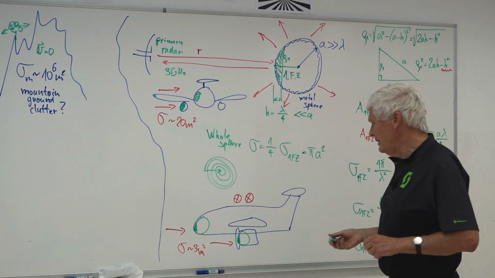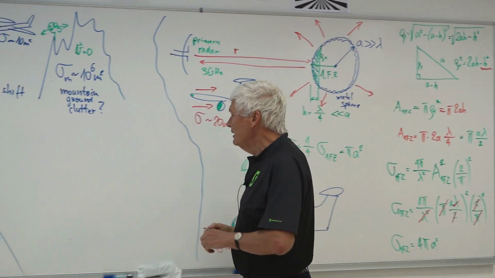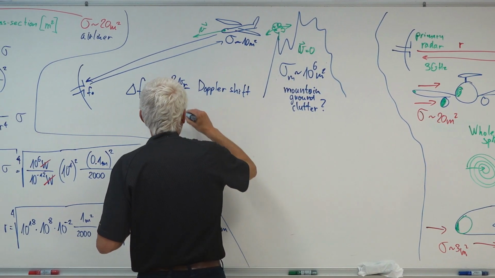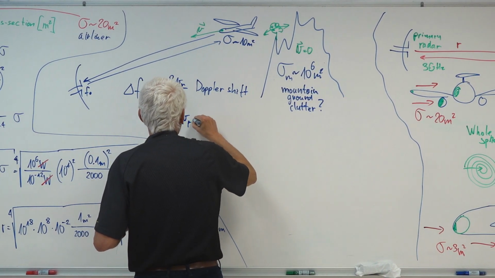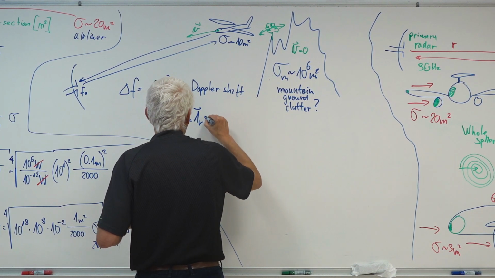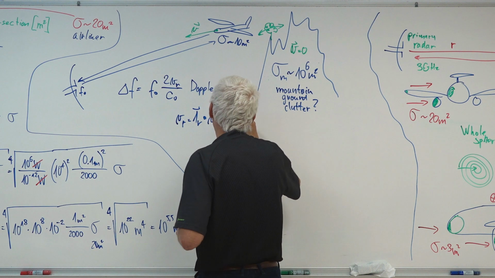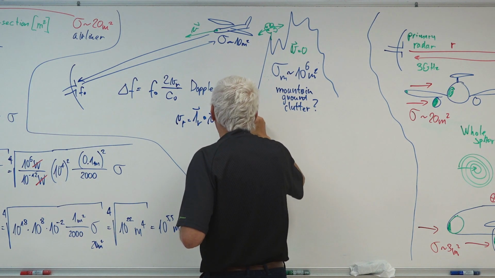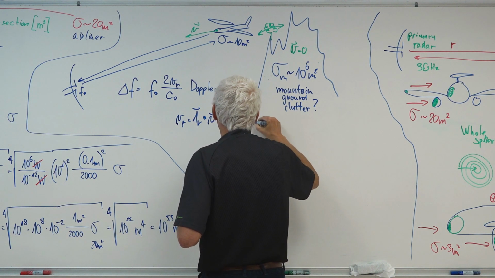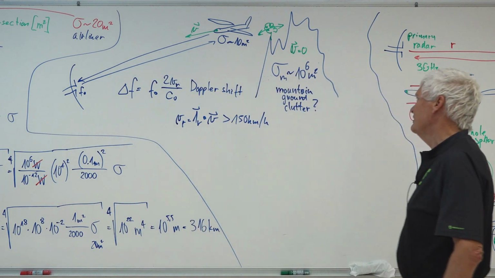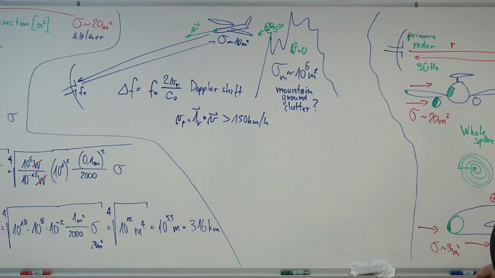That's the reason why, in order to detect an aircraft, the radial component of the velocity, 1r times vector v, should be larger than, for civilian air traffic, 150 kilometers per hour. There are no mountains that are faster than that. So mountains are not detected by such a radar.